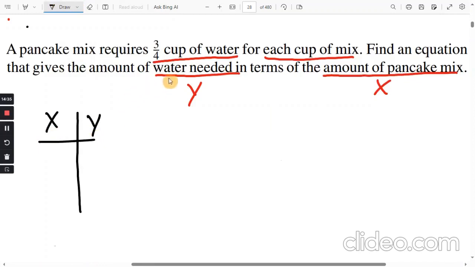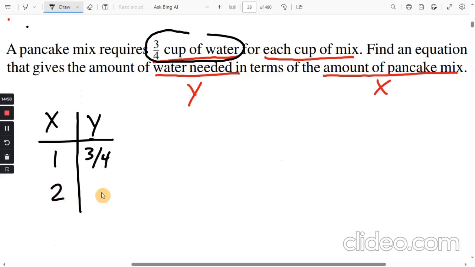All right, so the water needed is y, so 3/4 cups of water is going to be my y. I'll just write 3/4, and that's for each cup of mix. So for 1 cup, it's going to be 3/4.